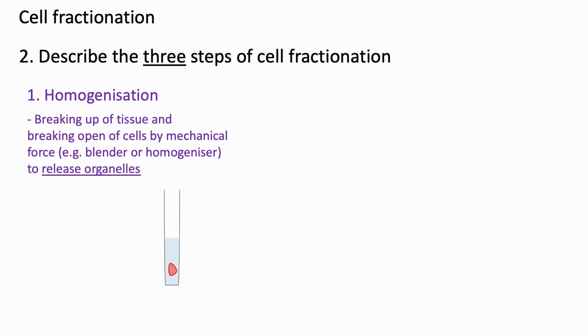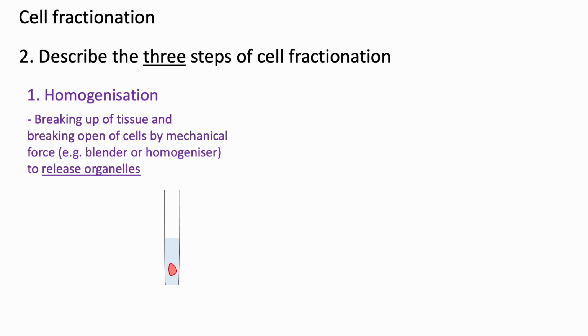And you must describe that process. It's not just writing homogenization, you need to describe what you mean by that. And that is the breaking up of tissue and the breaking open of cells by mechanical force. And the whole point of that is to release the organelles. So really important you remember that.